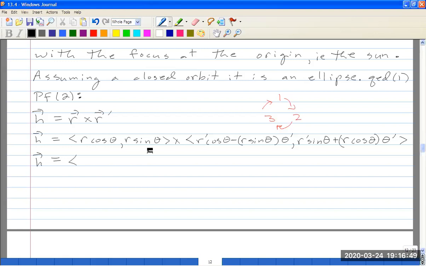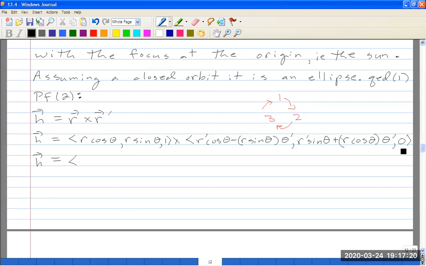Oh, and of course, this is supposed to be a constant. Ooh, I should have written that there. And a 0. It's in the XY plane. So let me do that. Okay, so that's better. Okay, so it's 2, 3.